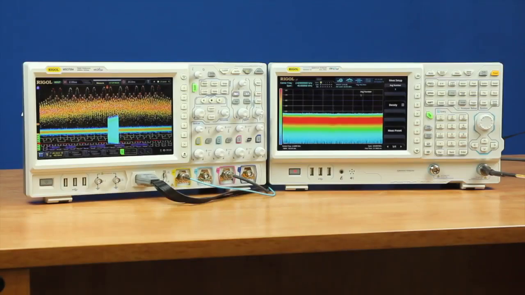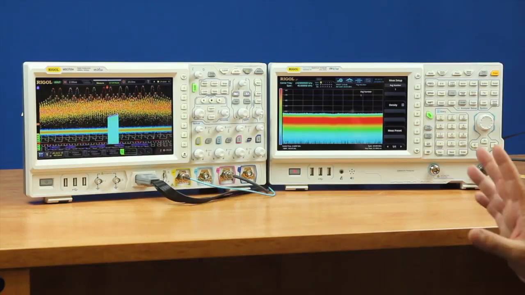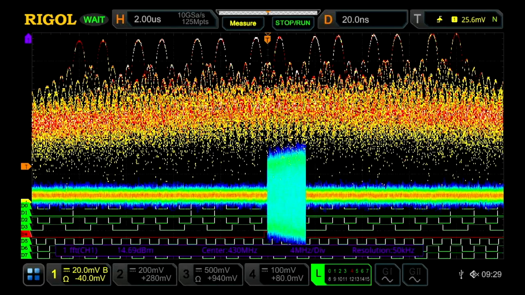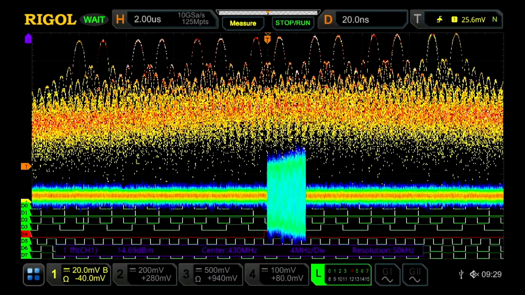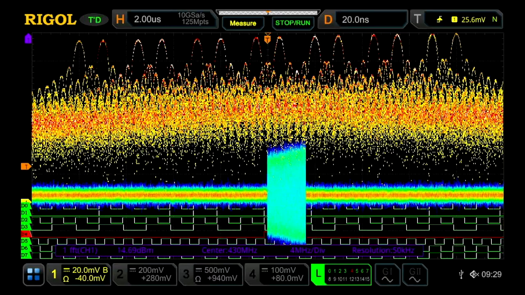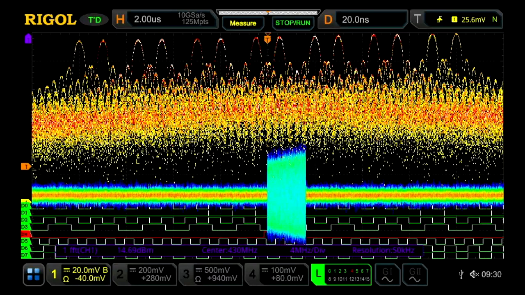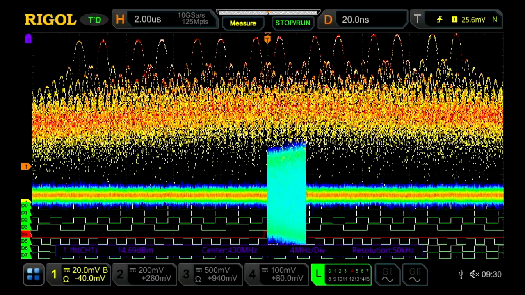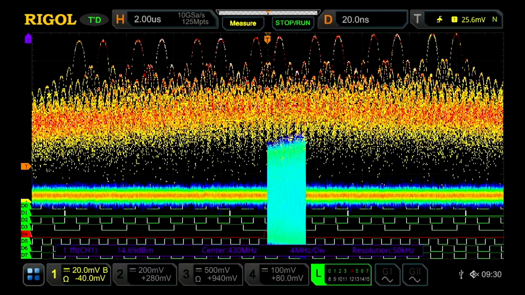In this multi-domain application, we're using the 7000 series, triggering on an RF pulse, to analyze and time correlate that RF pulse with our embedded signals. Here we can see that pulse is about 1.5 microseconds. So we're really able to characterize the frequency of that because of the high sample rate of this oscilloscope. We can see the Keller FFT across the top using the deep memory to capture that frequency and bucket it.